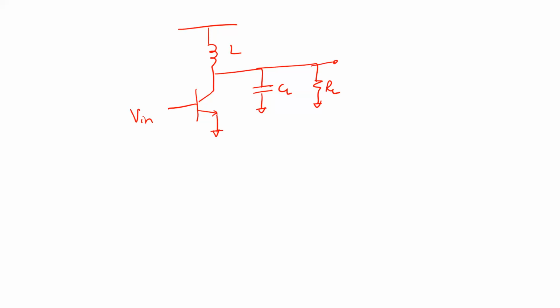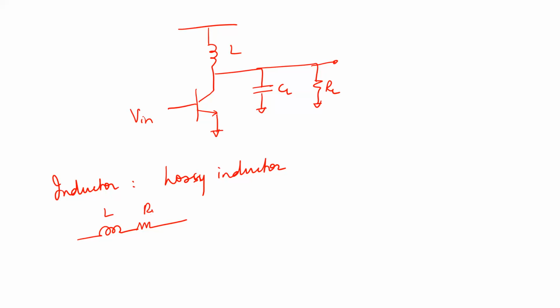Now, on top of that, this inductor also is a lossy inductor, right? If you recall the stuff that we talked about in the network analysis class, we saw that a lossy inductor can be represented as an L with a series R, and this can be transformed into an L with a shunt R. We looked at the transformation and the way in which you can do this.